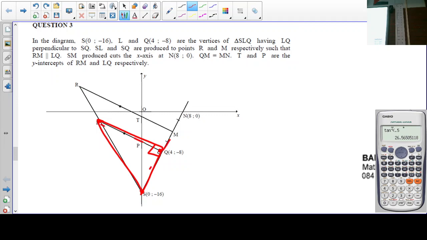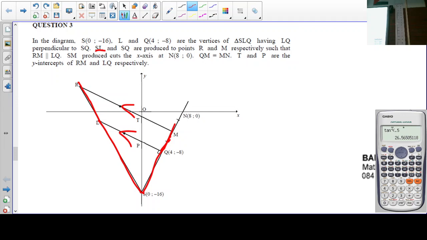And SL and SQ produce to R. So SL and SQ are produced to R, that one's going to R, and that one's going to M respectively, which means to say in that order, such that RM is parallel to LQ.